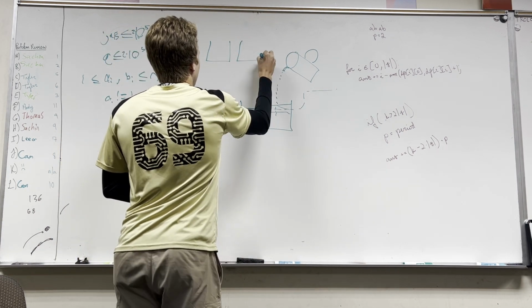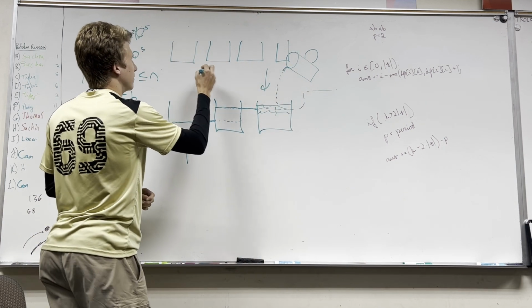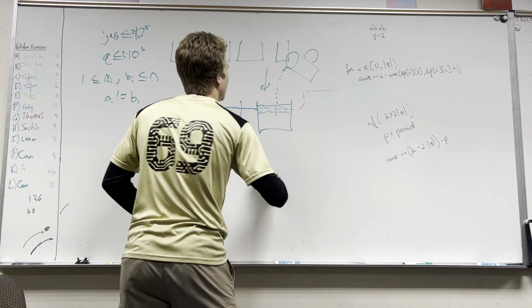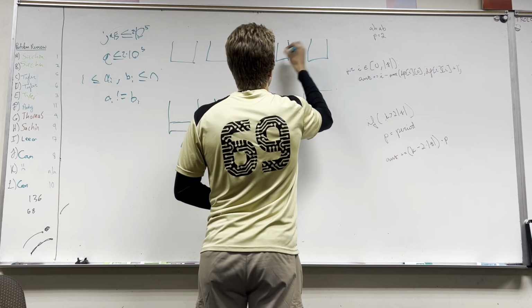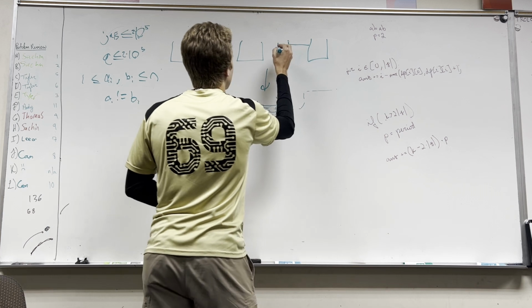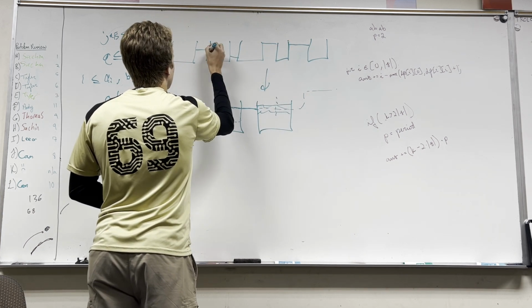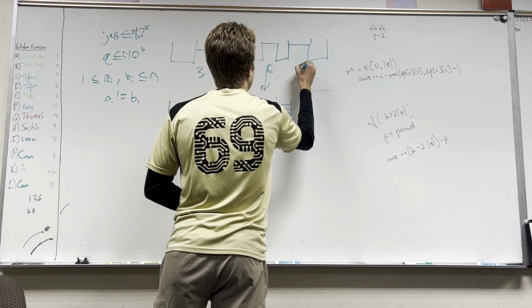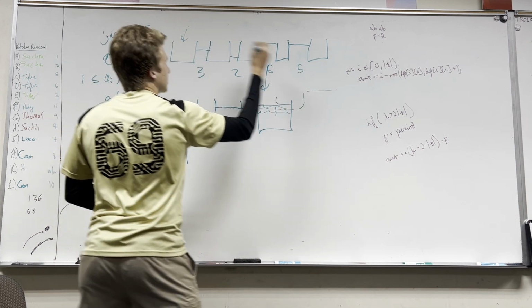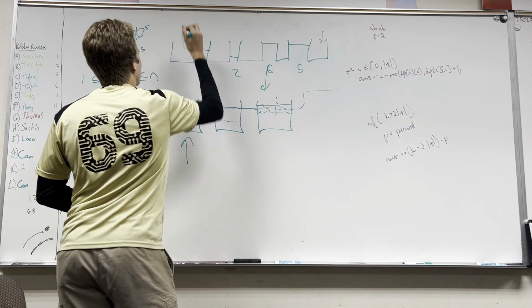Why don't we get some numbers? Yeah, that's a good idea. So yeah, let's do that. I can do another one. Let me just erase this. So we can do this, and we can do here, and here, and here, and here, and this can be 3, 2, 6, 5, and we're going to pour here and pull here.